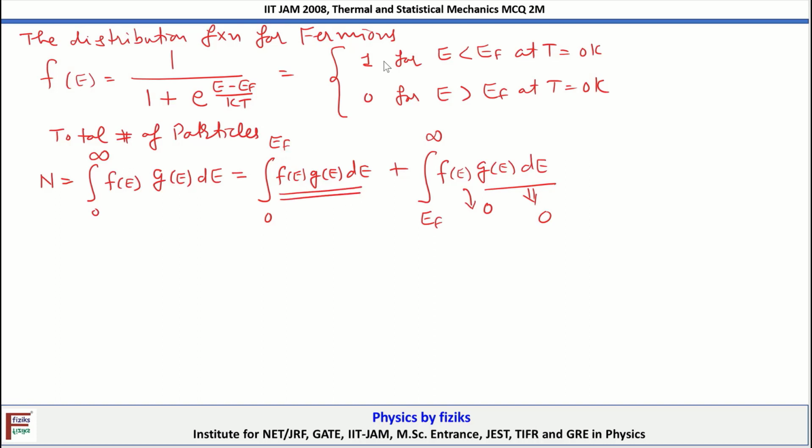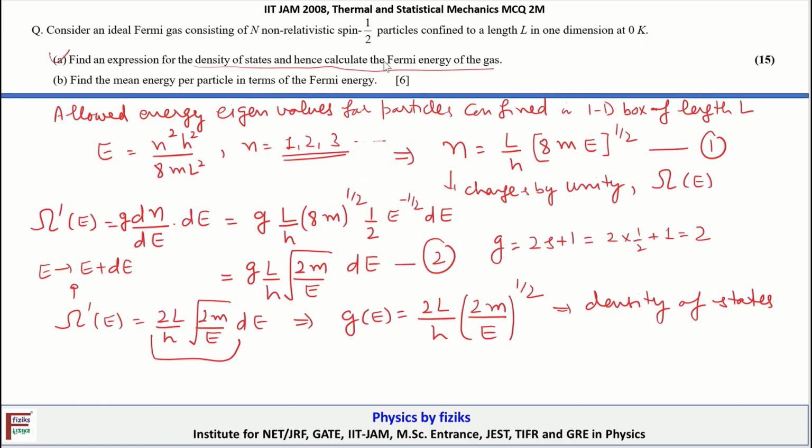This can be easily evaluated because f(E) for energy less than EF is equal to unity here. Then we simply substitute the value of g(E) as we obtained in the previous slides.